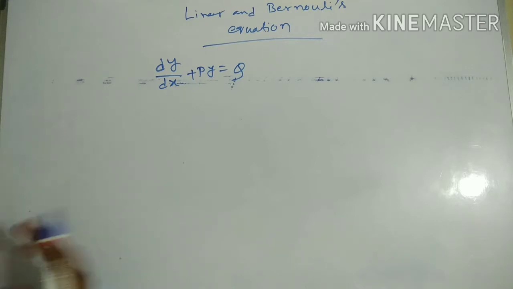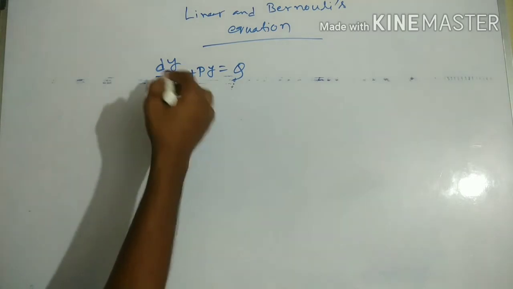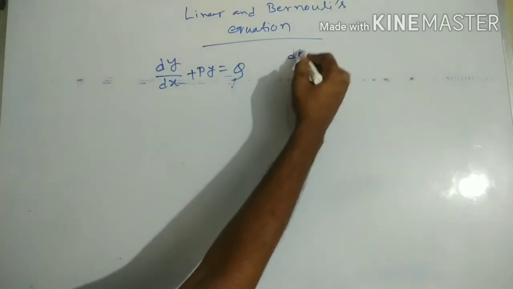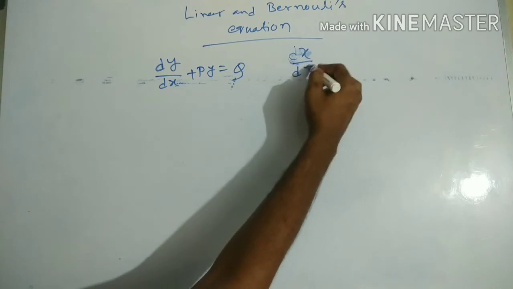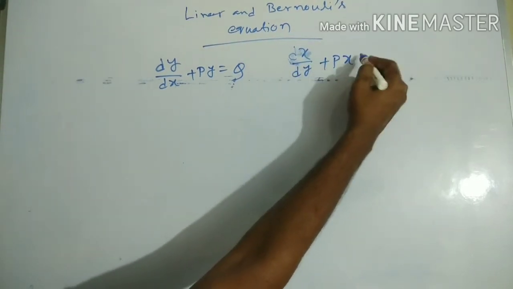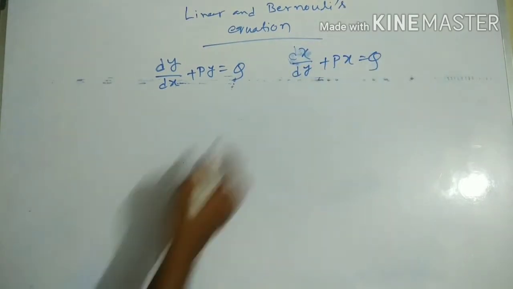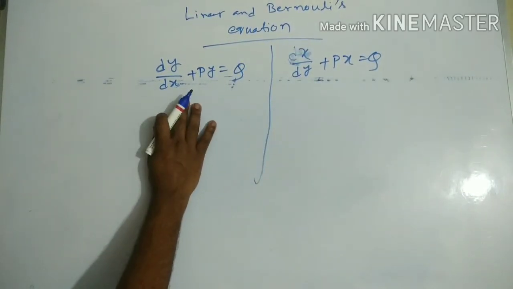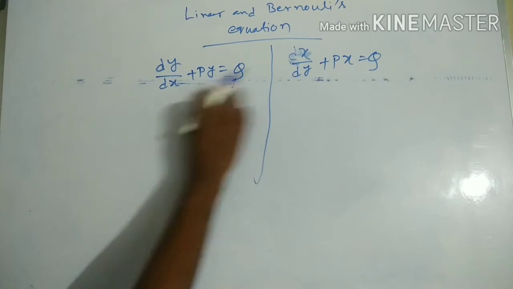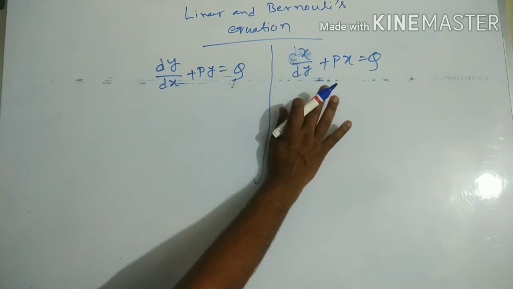So there are two types of linear equations. One is this and another is dx/dy + px = q. So this equation is called linear in x and this is called linear in y.